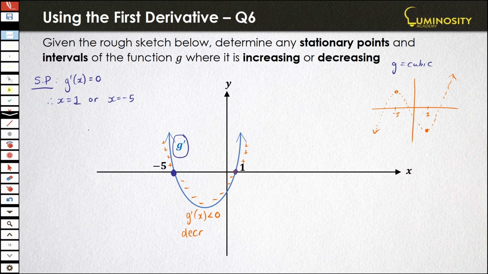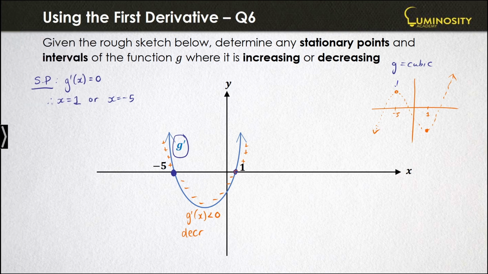Okay, so stationary points are going to be here at -5 and +1, because g prime, the derivative, is equal to 0 here. And then for increasing, we said, well, that's when your g prime of x is greater than 0. So this interval here and this interval here, that's when your g prime is greater than 0.